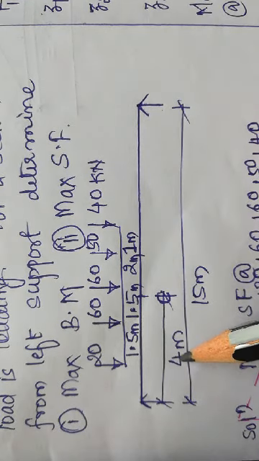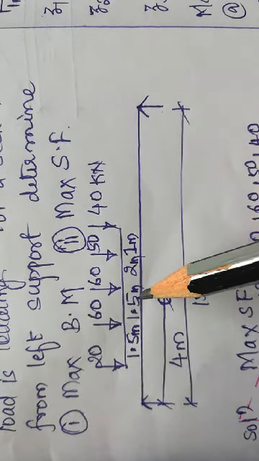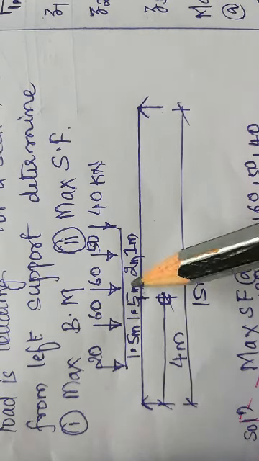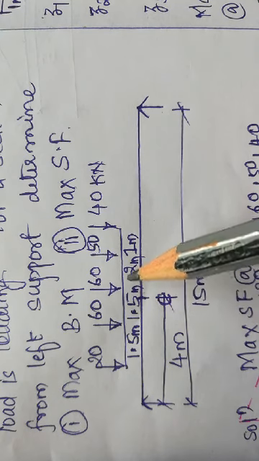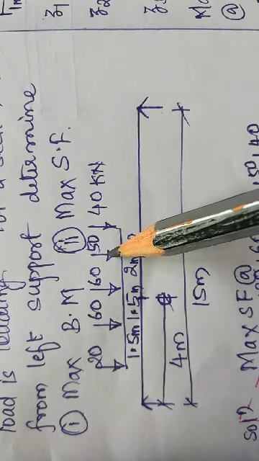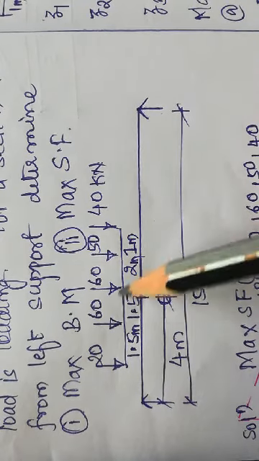In this 4 meters, if I keep 40 kilonewton on C, only 3 loads can occupy this 4 meters. That is, this is 2 meter, that is 40 kilonewton, 50 kilonewton and this 60 kilonewton.